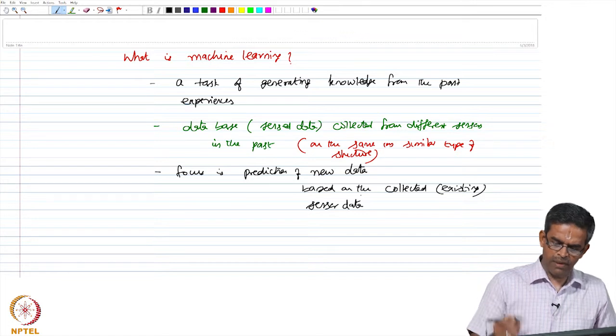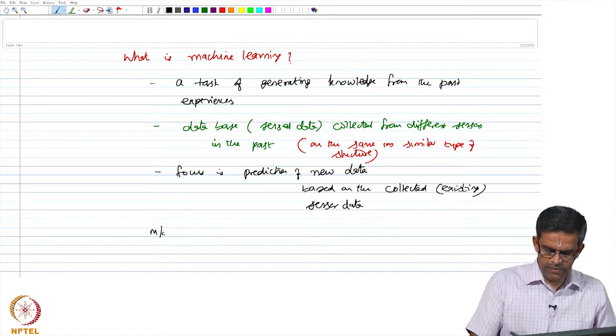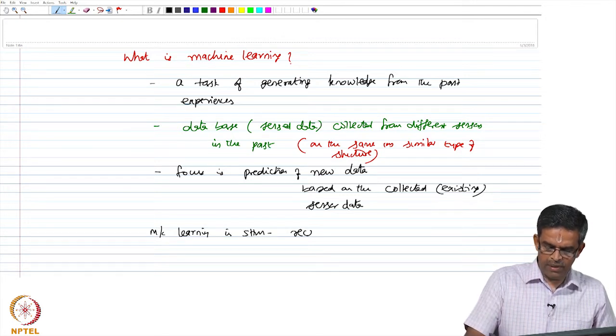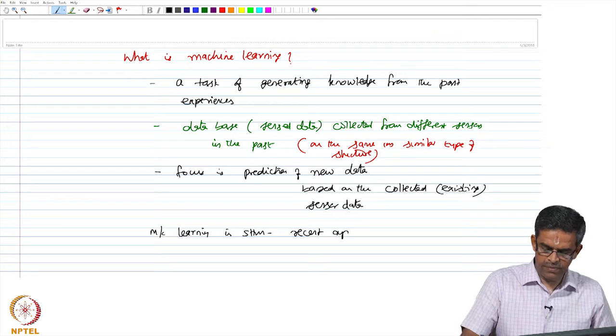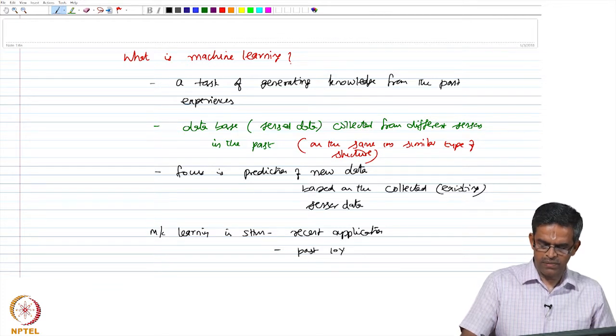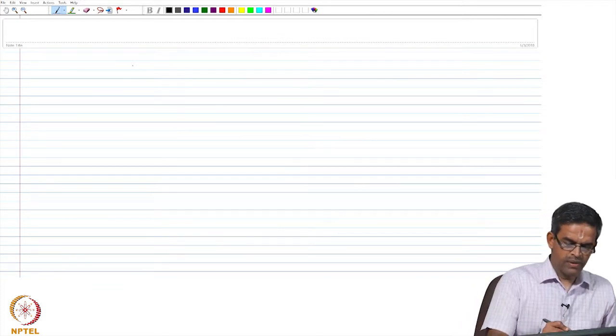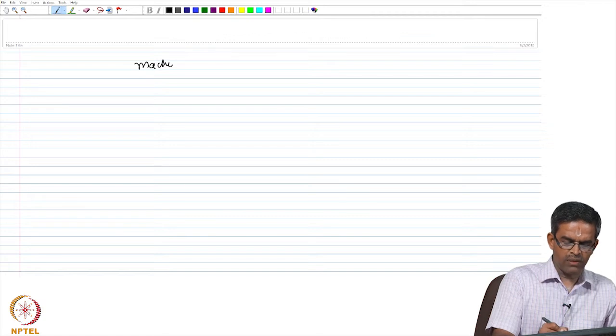It is a very recent application. Machine learning in SHM is a very recent application, maybe past 10 years. However, machine learning is very common.